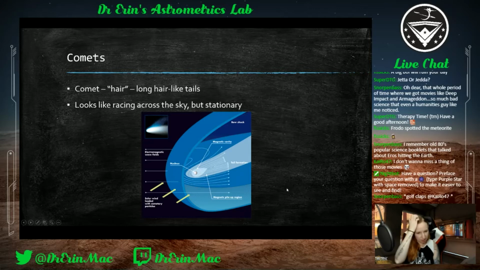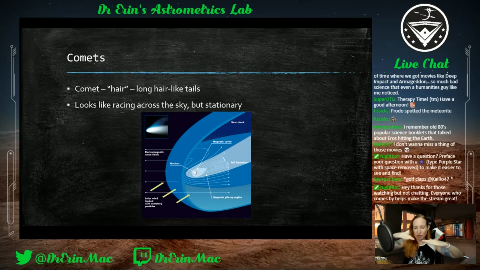Now, I think I forgot to put in these slides, but the origin of comets is actually really interesting. Remember, our solar system is all pretty much in one flat plane. We have our sun, and then all the planets, the asteroid belt, and the Kuiper belt all pretty much lie in one plane. I said asteroid orbits can be 20 or 30 degrees inclined, but that's only about this much, right?